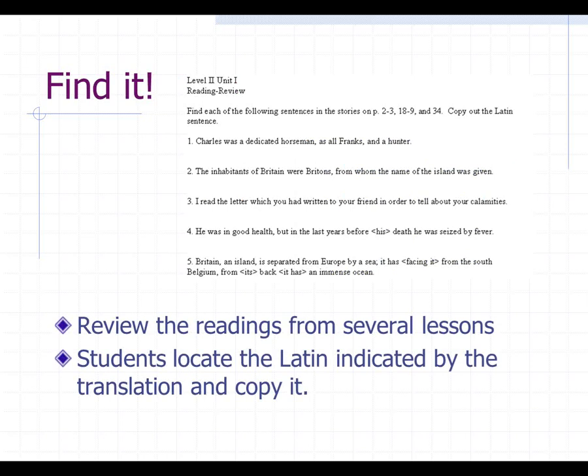And then hand out on a sheet of paper the translations pulled from recent stories in no particular order. So the students have to find the sentences that the translations represent and copy them out. And the first team with a perfect paper wins.